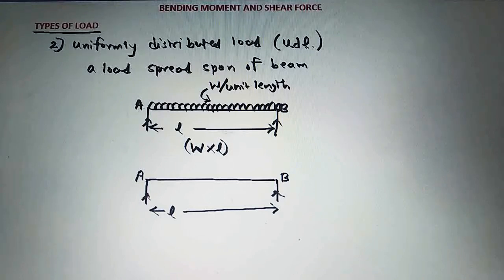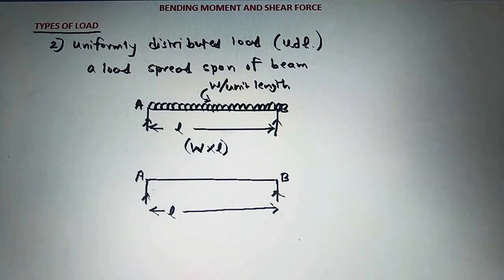Now we will find out the position of this point load on this beam. See here, the UDL is acting over the span L of the beam. So we are dividing this span over which this UDL is acting by 2.